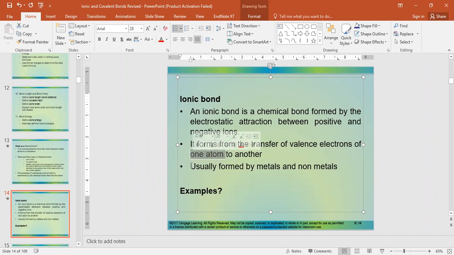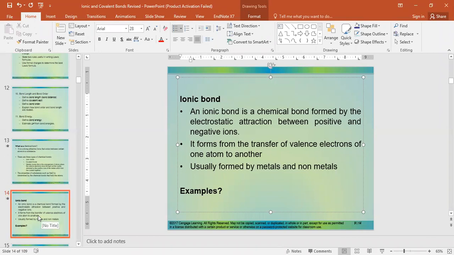Usually this happens between metals and nonmetals, because if you look at the electronegativities of metals and nonmetals, the difference is so big that it ensures complete transfer of electrons from one species to the other.